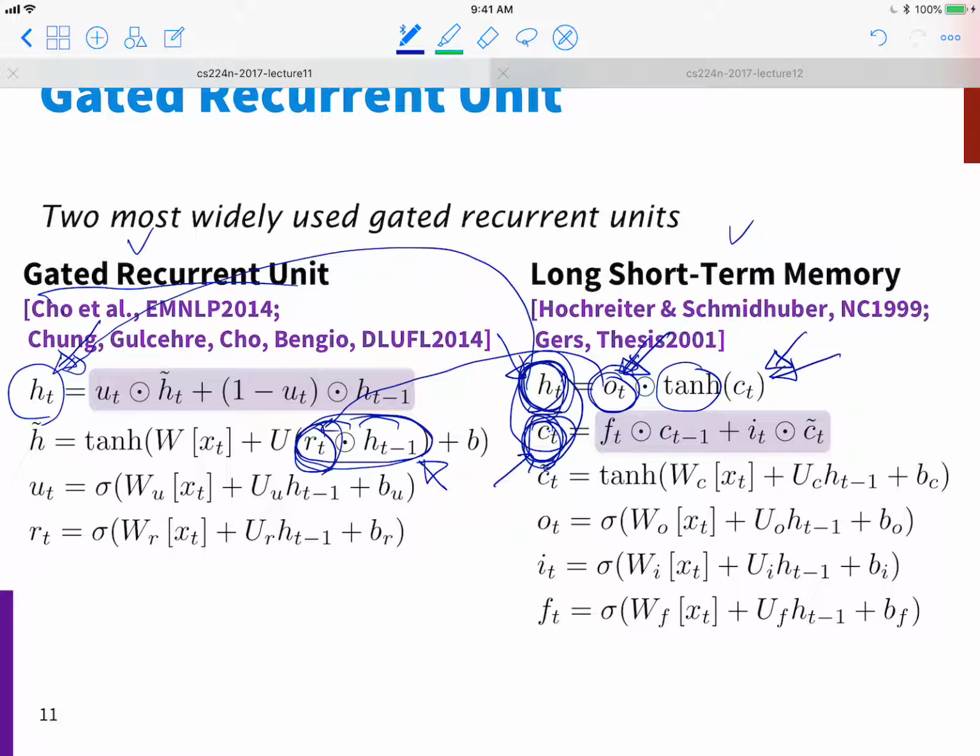But in this case, we have a previous hidden state vector, and then perform this gating on the previous time step's hidden state vector. So it can be viewed as doing this filtering of the output gate on the previous time step.